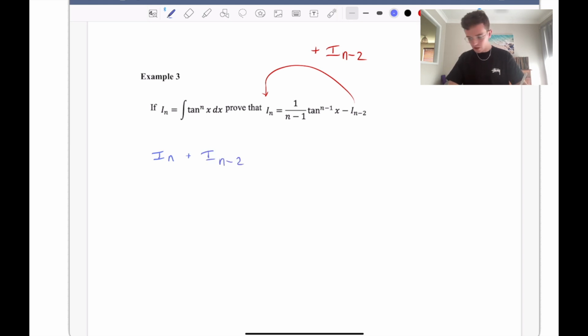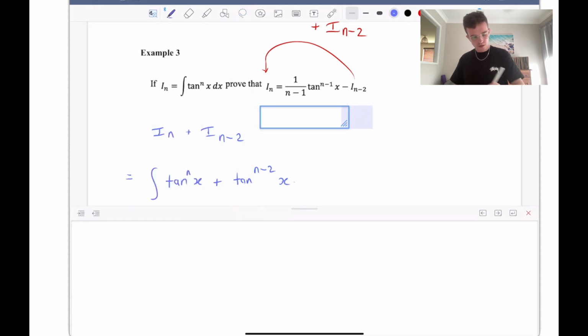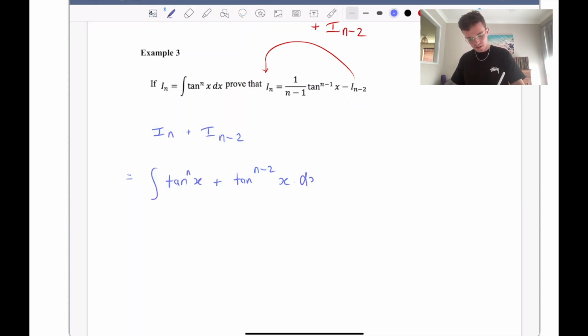Well, of course, that's going to be equal to the integral of tan n of x, that's just I of n, plus the integral of tan n minus 2 x. Now we can combine that into one integral because it's both with respect to x, so we're allowed to do that. So just go dx there.